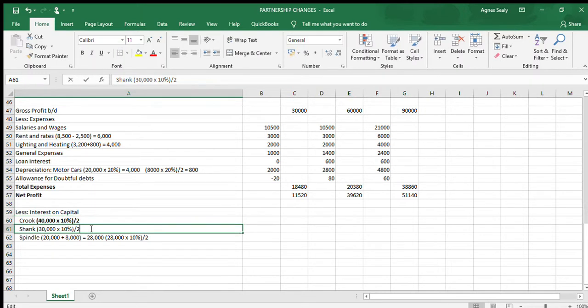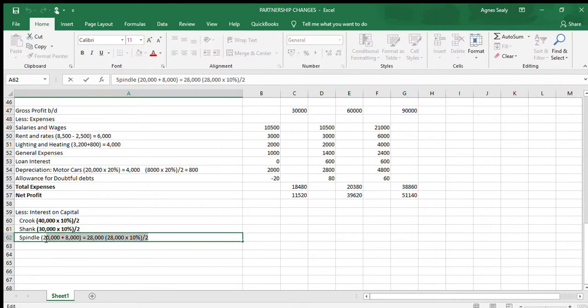I'm going to make it stand out, so that you can see clearly that this is some working of how I calculated some of the figures you are seeing here.